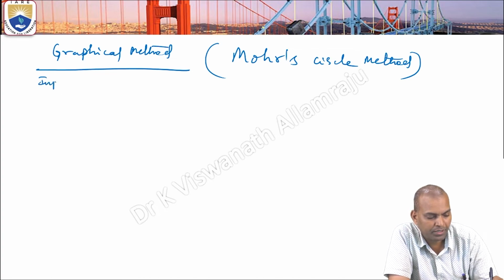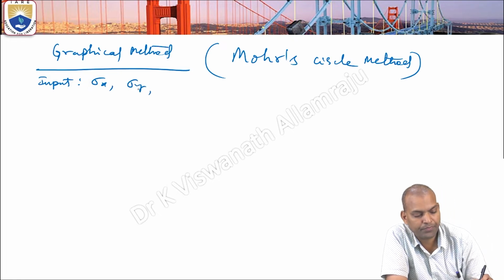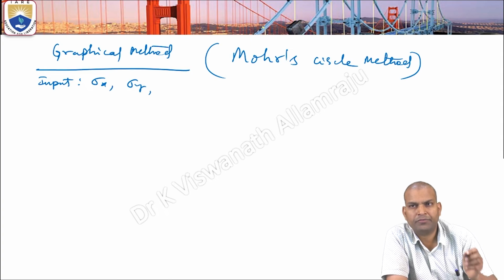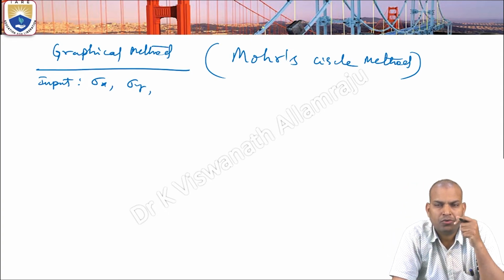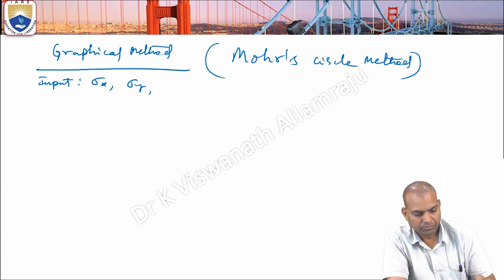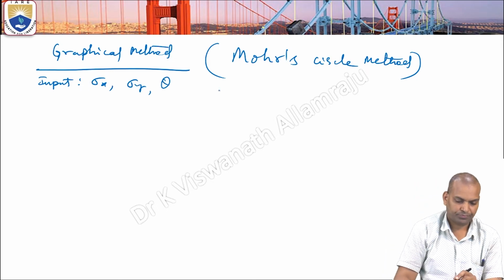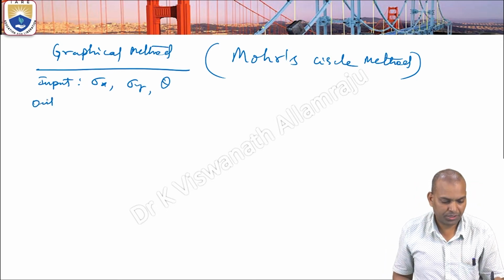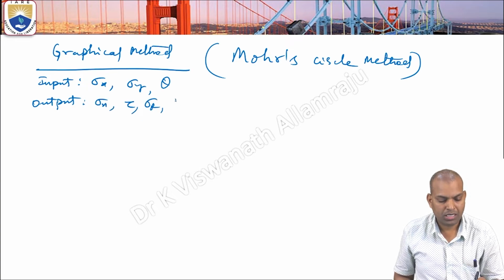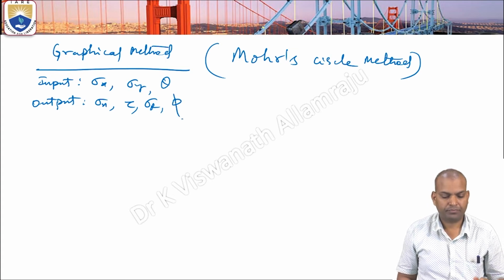The given input parameters are the sigma x value, sigma y value, which are mutually perpendicular stresses, and the theta value. The outputs are sigma n, tau, sigma r, and the angle of obliquity phi.